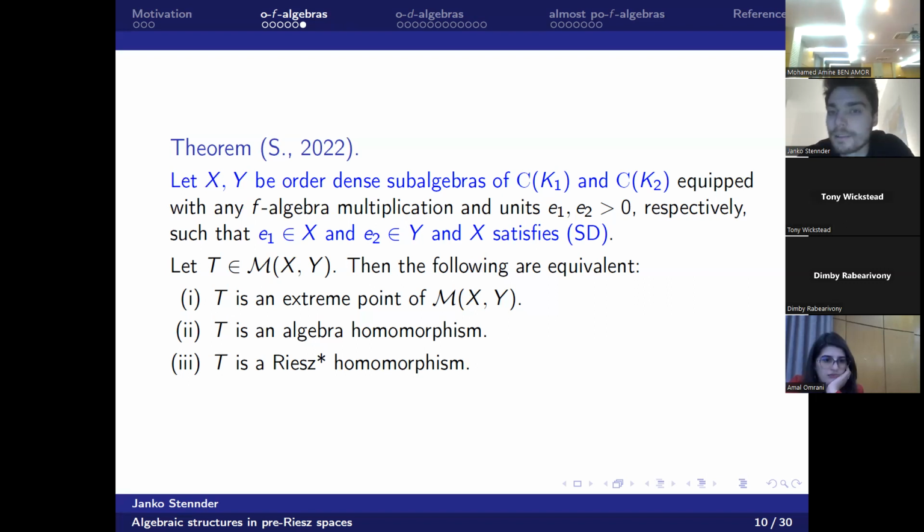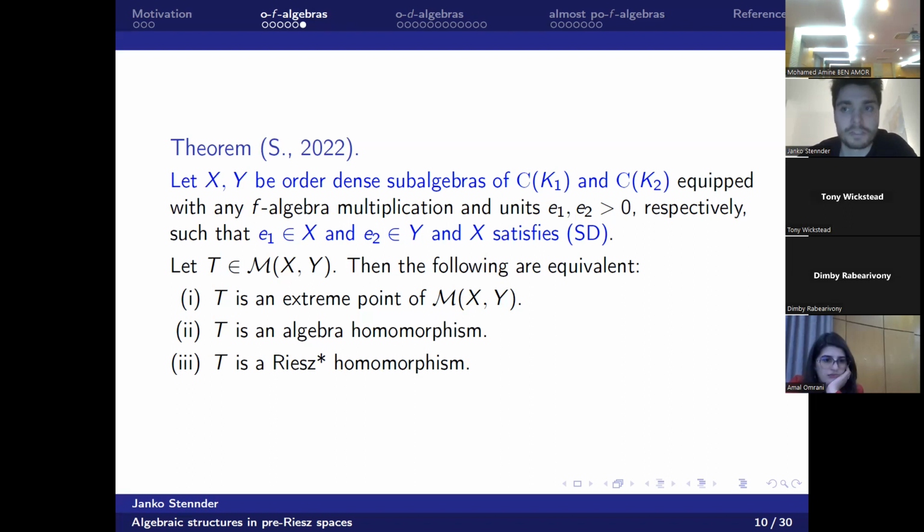The first question: the connection between algebra homomorphism and Riesz star homomorphism in an order F-algebra. In general, we don't know anything about this. We know that an algebra homomorphism is always disjoint preserving, but to get that it's a Riesz star homomorphism, we need some conditions.